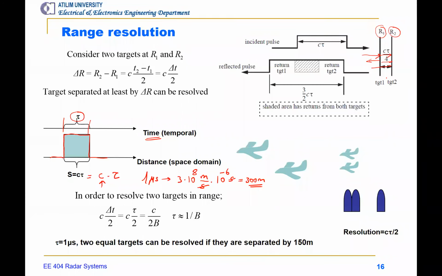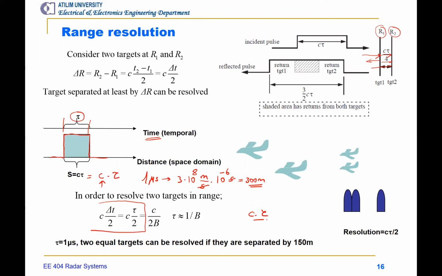Logically, we can think about this. Half of the energy is hitting the second target, and half of the energy will be reflected from the first. So if the distance is greater than half of c tau, then we can separate them. That's the idea of range resolution, and it's written mathematically here.